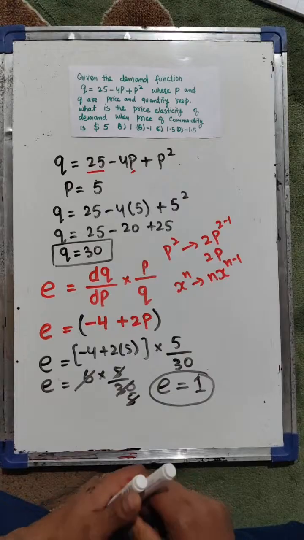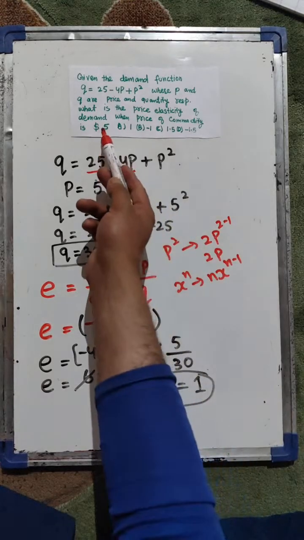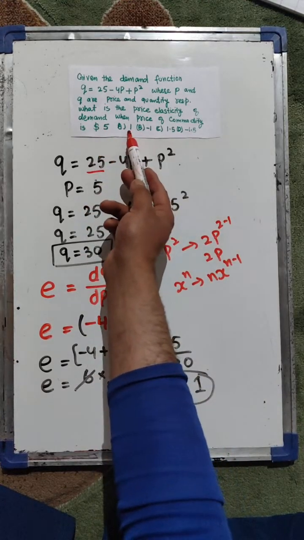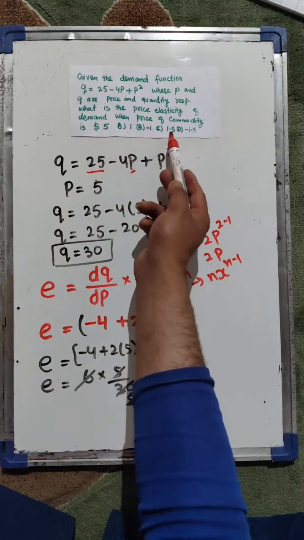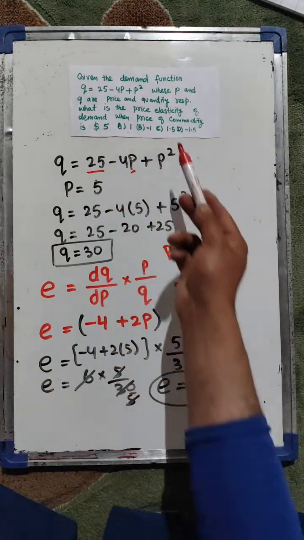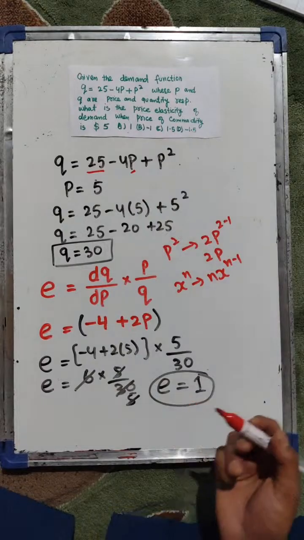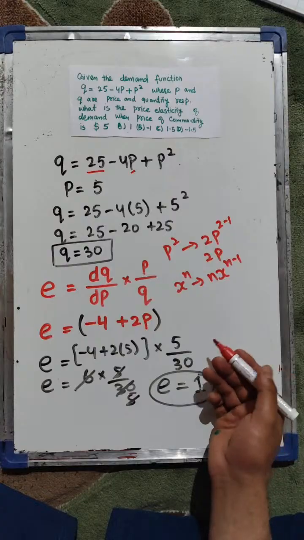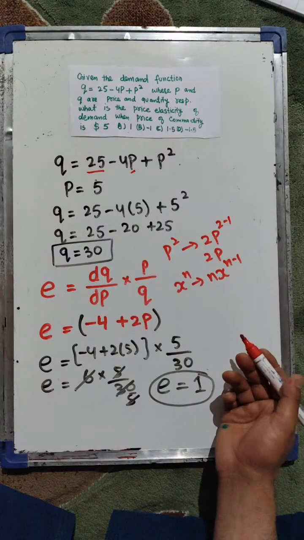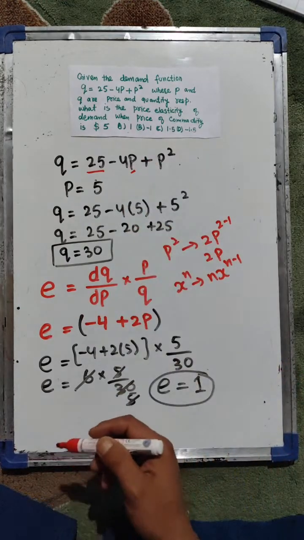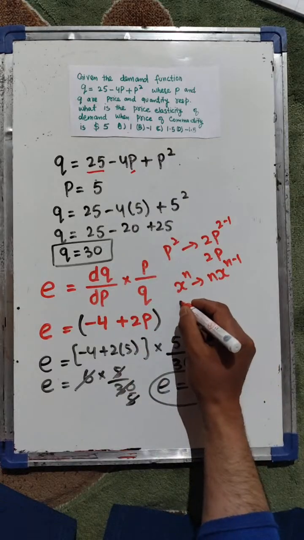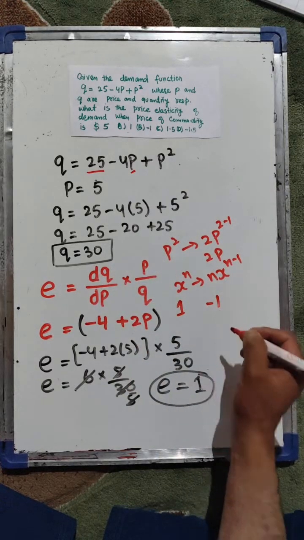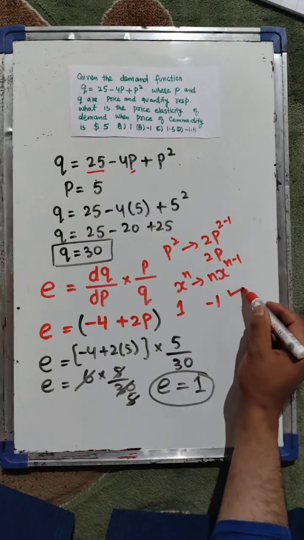Okay, but the options are positive 1, negative 1, positive 1.5 and negative 1.5. Since we know that price elasticity of demand for a normal good is always negative, and since we are given both the positive value, that is 1, and negative 1, we need to take the negative 1 here.